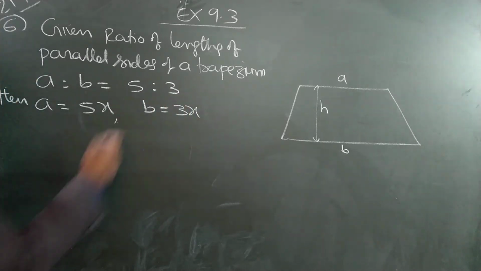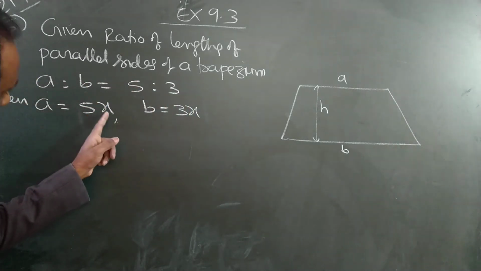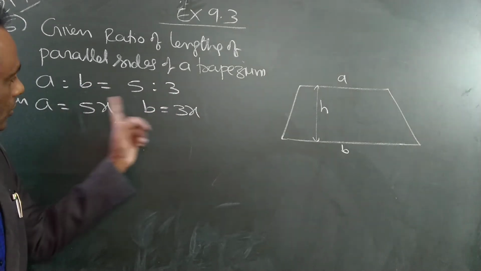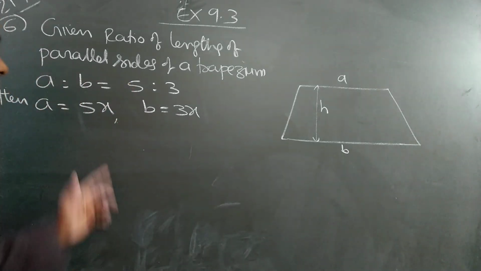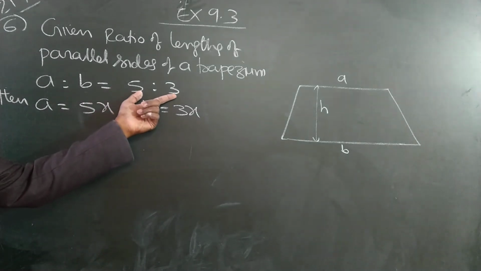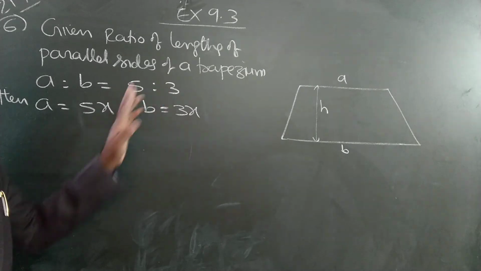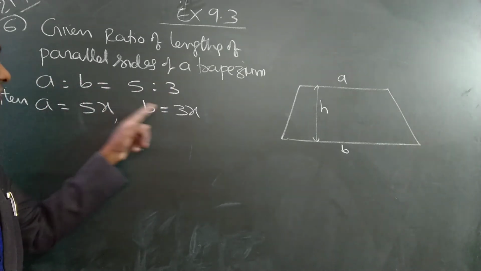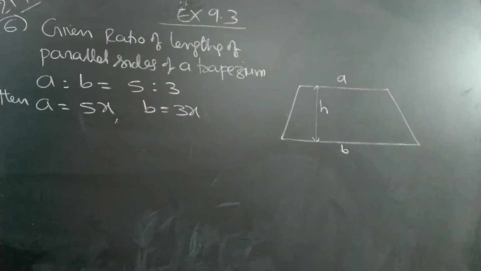Directly we should not take A equal to 5 and B equal to 3. A is 5 times something, and B is 3 times the same thing, that is 3x. So A is 5x, B is 3x.